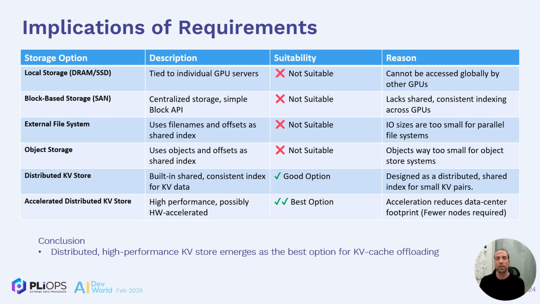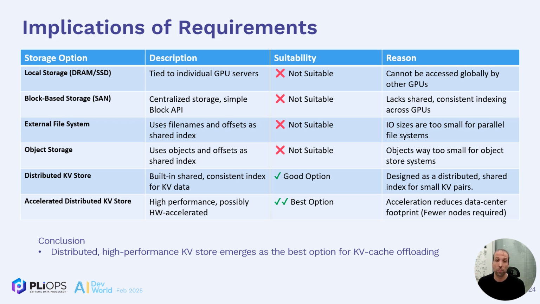File systems and clearly object storage are just not a good fit for that. They're very good for very large accesses of hundreds of KBs, megabytes, but in our case, we need variable size, random, small I/Os. So this makes file systems and object storage not good options.